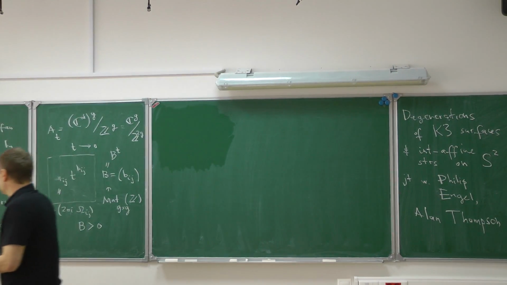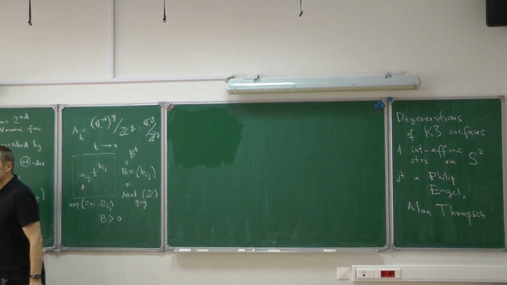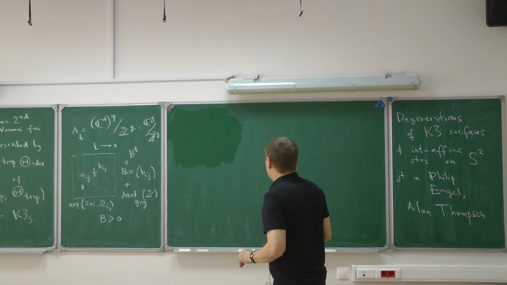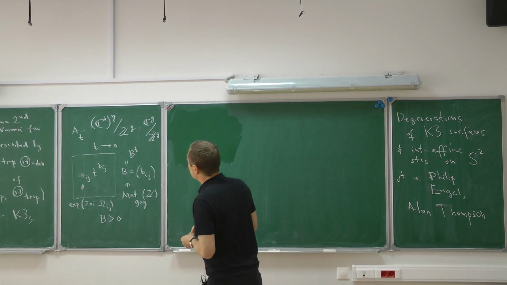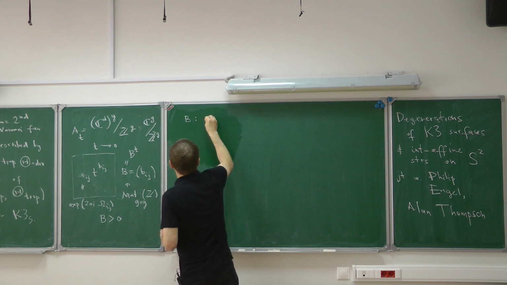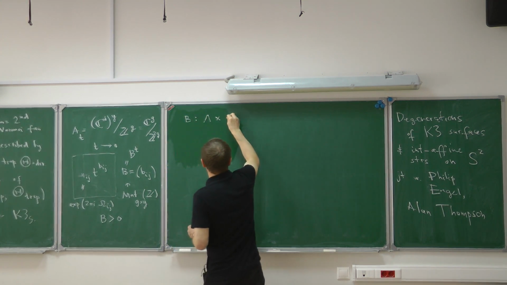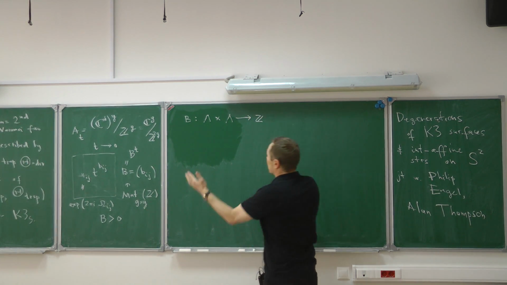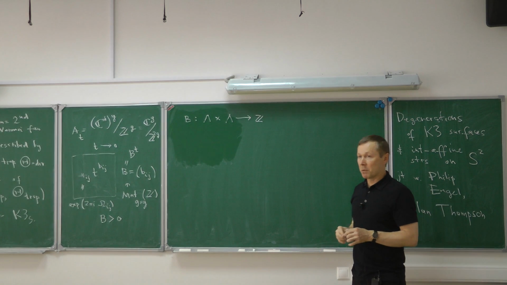Okay, so what I want to explain is this combinatorial object. Here's what it is. We have this B, and B is just a bilinear symmetric form like this.